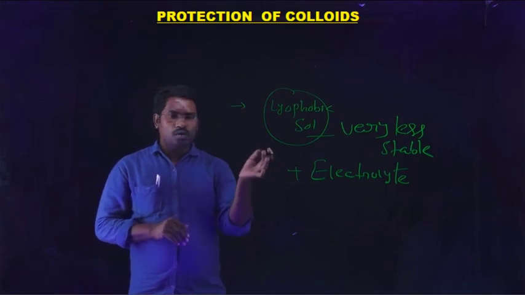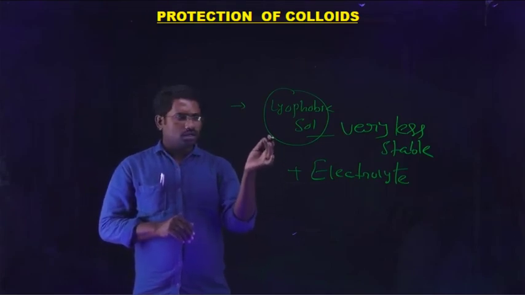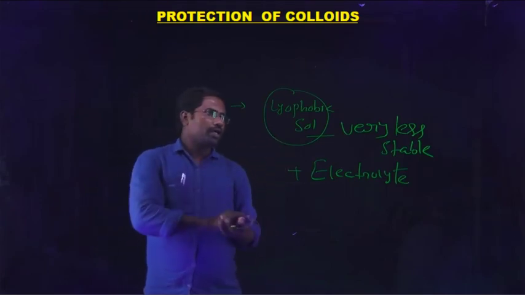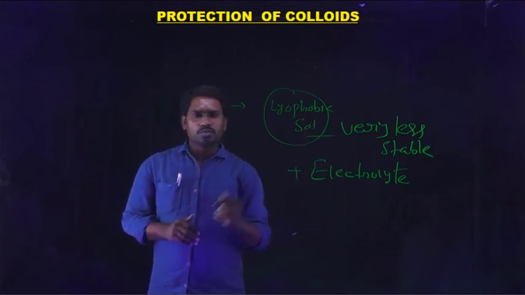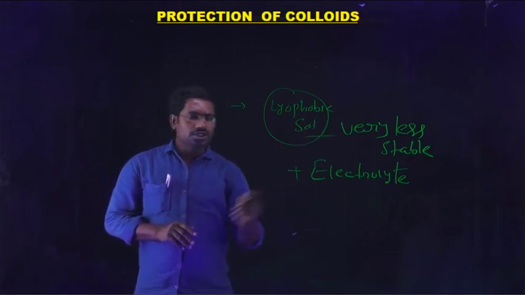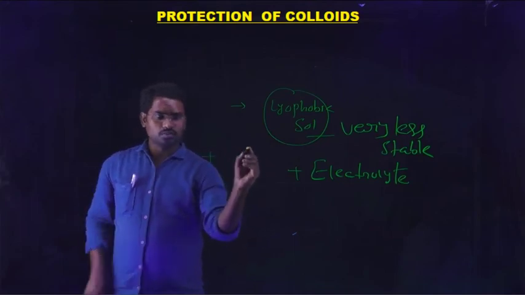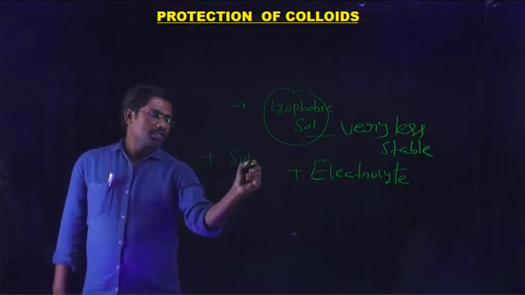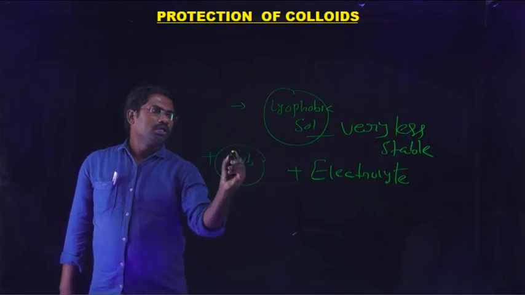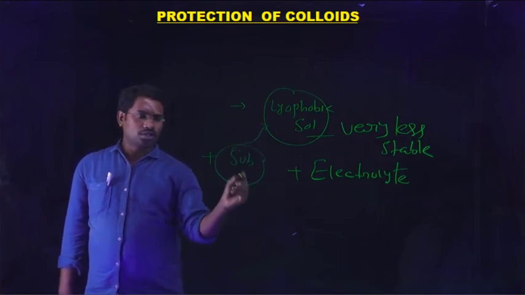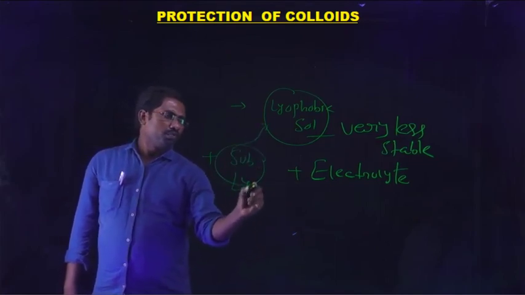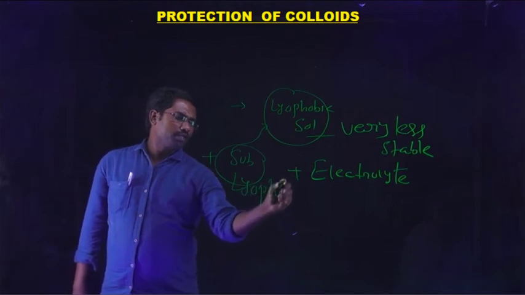But here our motto, our target, is to stop the coagulation of the less stable colloidal solution on addition of the electrolyte. Here we are adding another extra substance, lyophilic, which is more stable.